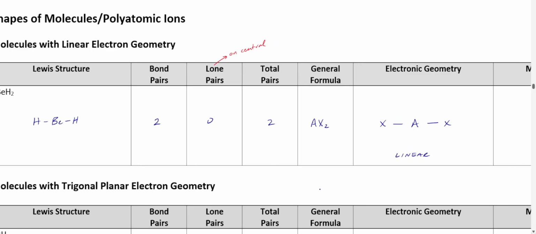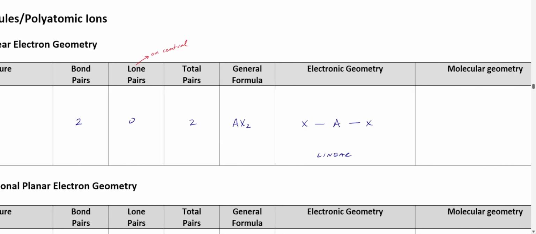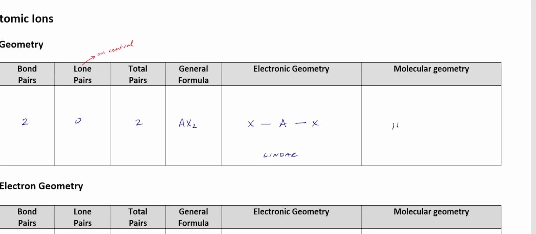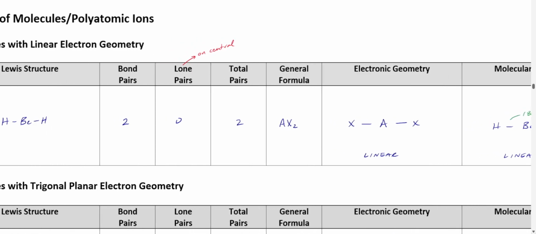And since there are no lone pairs on the central atom, the molecular geometry will be the same, and we'll end up with a bond angle of 180 degrees. Okay, and that molecular geometry again is also linear. Okay, so that deals with molecules that have linear electron geometry.